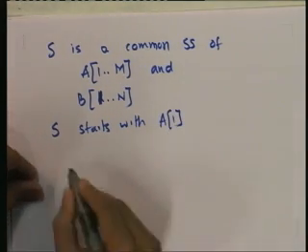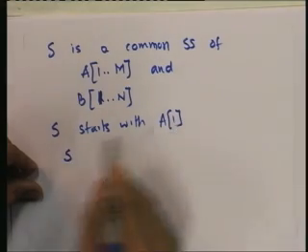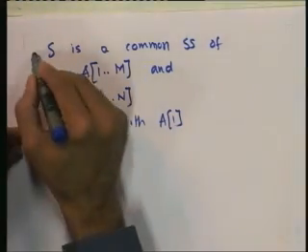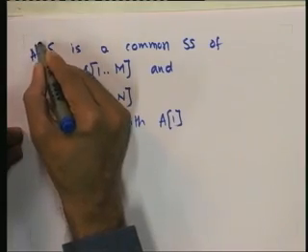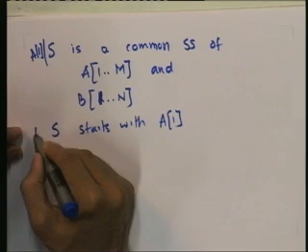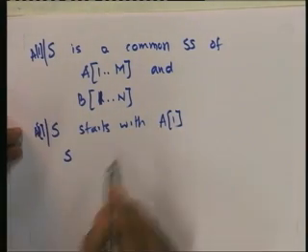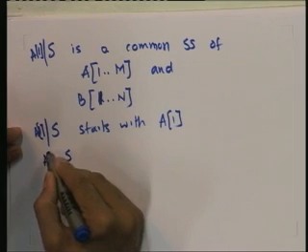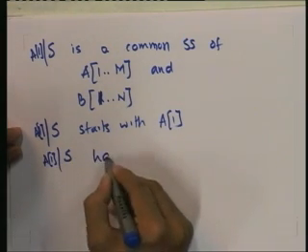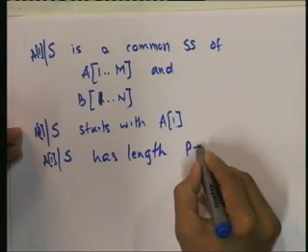Now, what is the length of S? S has length at least P. So, this really ought to be A1 concatenated with S is a common subsequence of this, and in fact A1 concatenated with S starts with A1. So, A1 concatenated with S has length at least P plus 1.